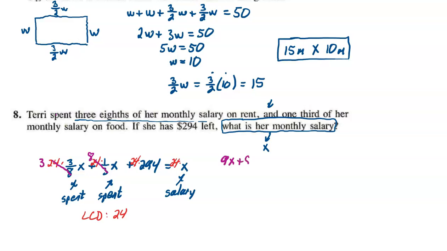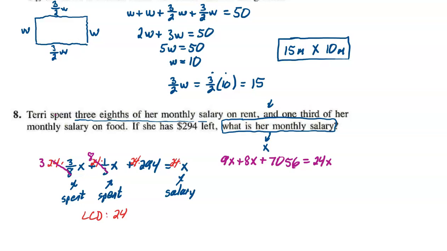This makes plus 8x. Now take a calculator and go 24 times 294, 7,056. And on the right side, 24x.